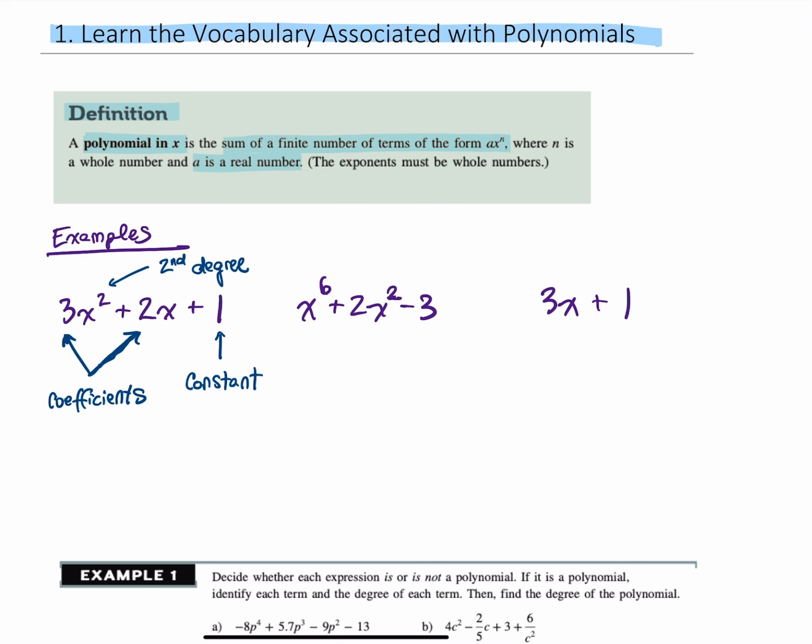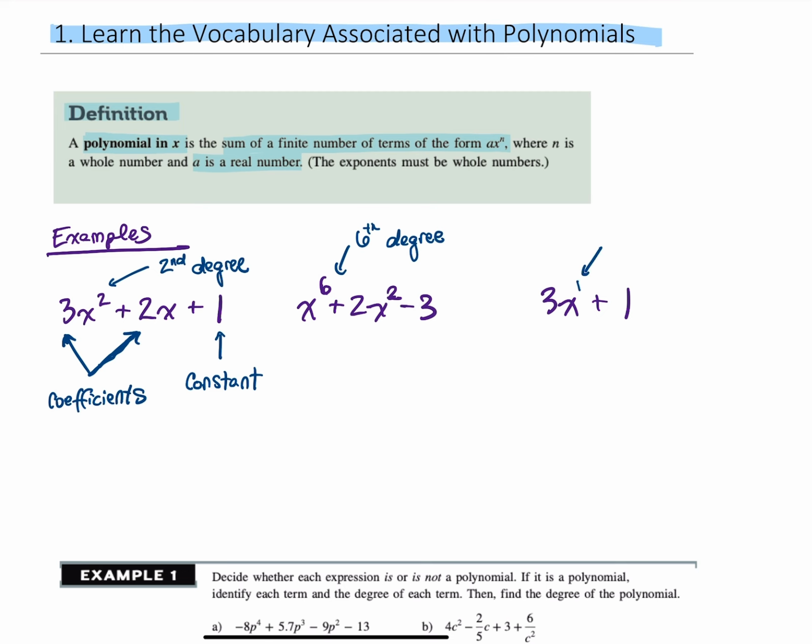So in the second example, we would have a 6th degree polynomial. Notice we don't have a 5th degree component or 4th degree. It jumps straight from the 6th power to the 2nd power, and that's okay. It still makes it a polynomial, as long as the exponents aren't negative. And even this last one, there's technically a 1st power next to that x.